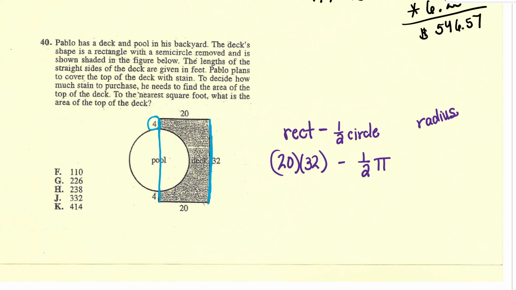If that much is 4 and that much is 4, subtract 32, subtract 4, and that gives me 24 for all that, which means each one of these would have to be 12. So my radius is going to be 12. So I'm going to have the rectangle, which is 20 times 32, minus half of a circle.